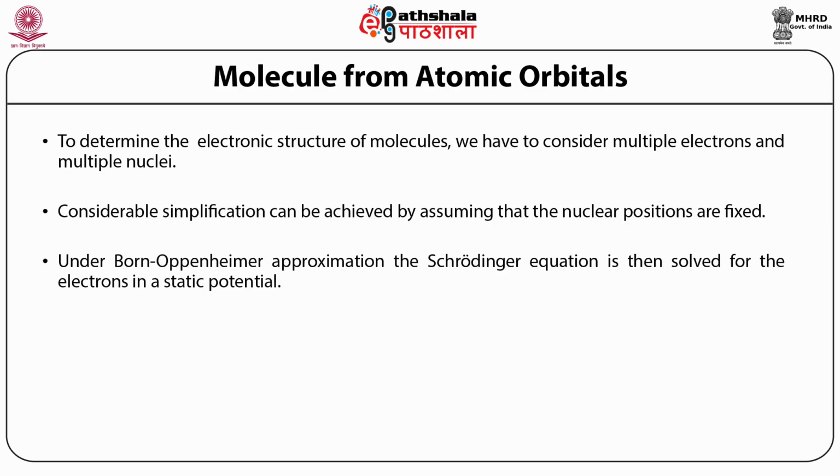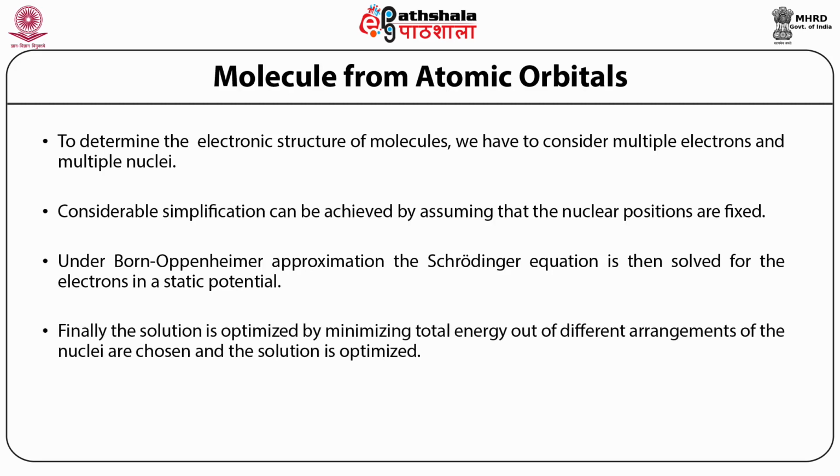Under the Born-Oppenheimer approximation, the Schrödinger equation is then solved for electrons in a static potential. So finally, the solution is optimized by minimizing the total energy as different arrangements of the nuclei are chosen.